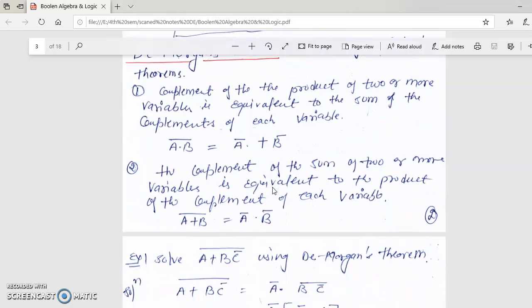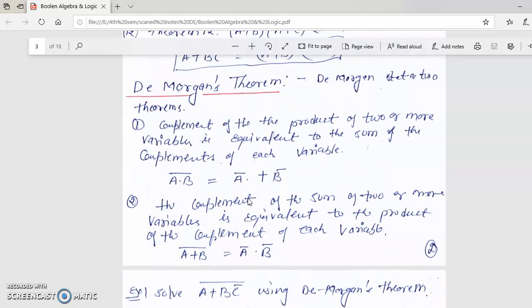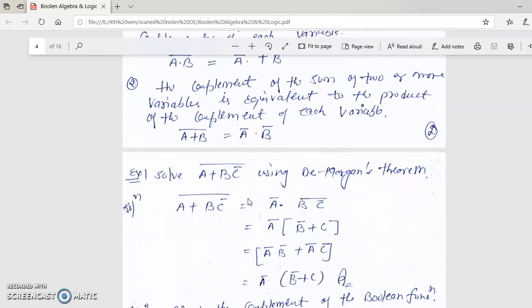Okay, next part of De Morgan theorem is that the complement of the sum of two or more variables is equivalent to the product of the complement of each variable. उसका just opposite, वो product था, यहाँ पे sum है, यहाँ पे product form है, यहाँ पे हमने sum form लिया है. a plus b का whole bar, we can say it is equivalent to a bar dot b bar dot c bar and so on if we have a number of variables in the summation form. Okay, this is the De Morgan theorem, it is a very important theorem in our syllabus.